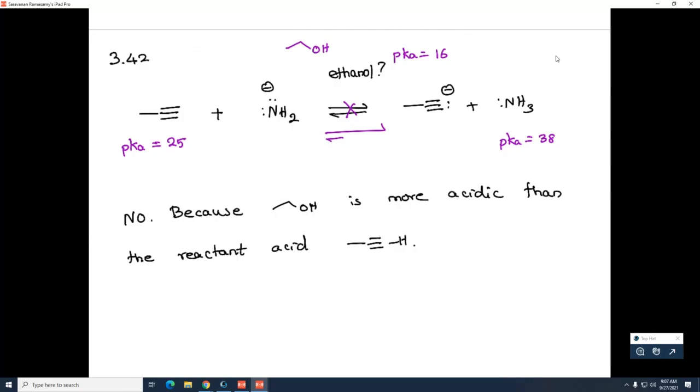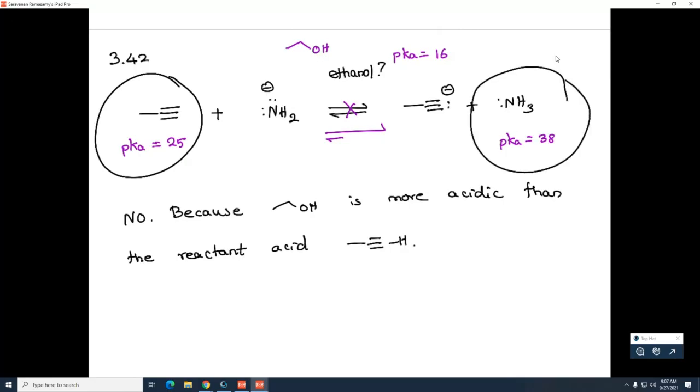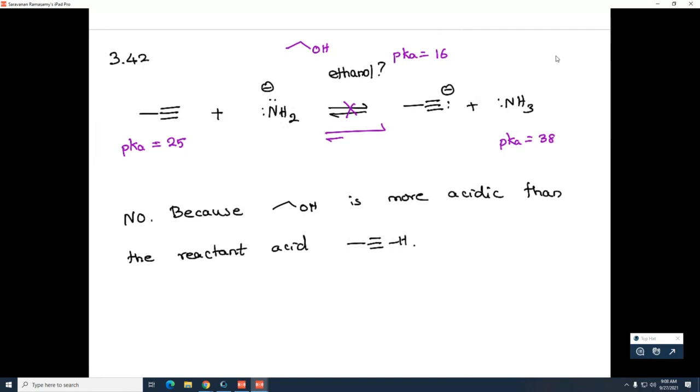So neutral molecules which are less reactive than the pKa 25 and less reactive than the pKa 38, basically below the line of these two.